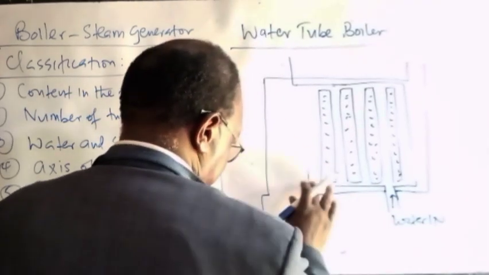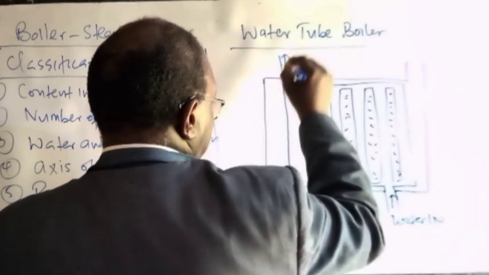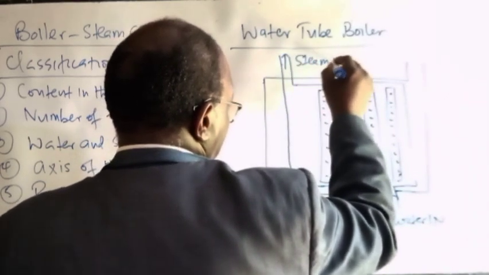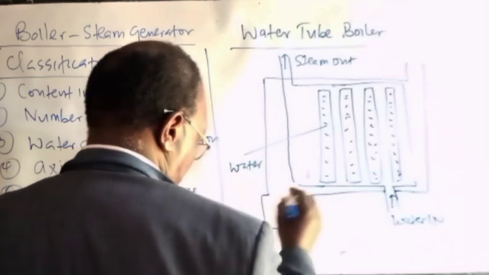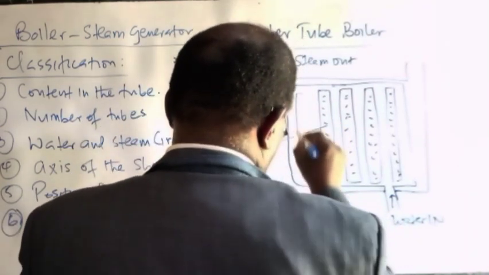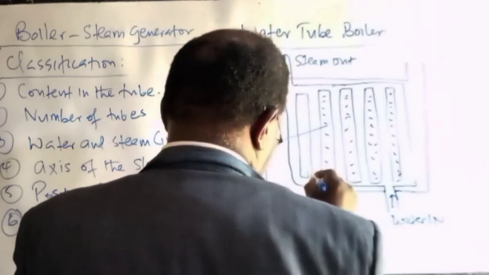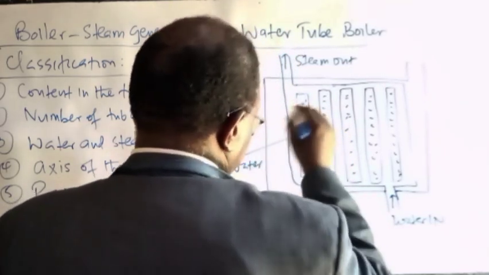Water in, and we are not very accurate in our drawing. Steam out. So water, and of course another tube there. Then also blank.